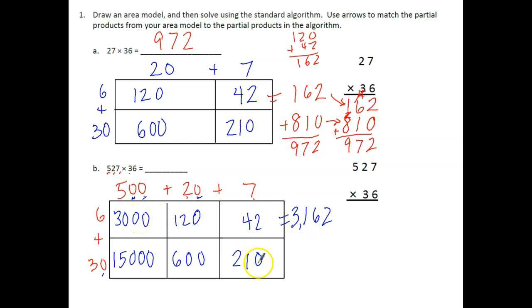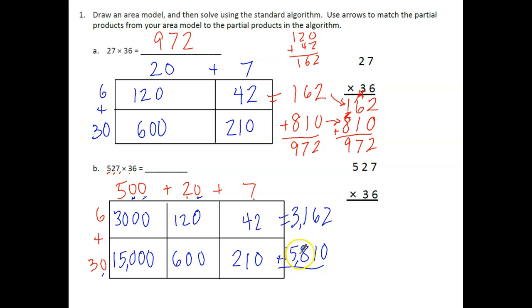All right, looking here, I know that I'm going to have 0 ones in all three, 1 ten in all three, 2 hundreds plus 600 is 800. Then I have 5,000 and 1 10,000. That's going to be 15,800 for that second.